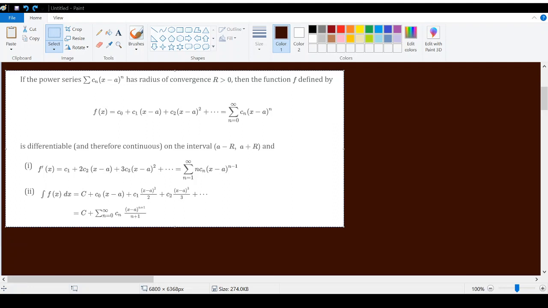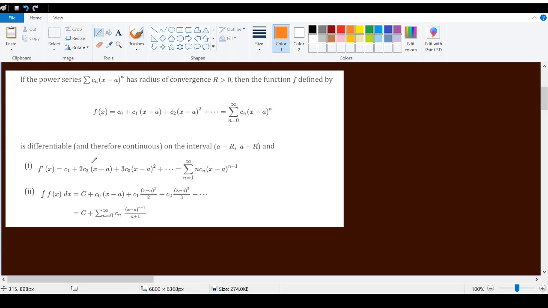Before going into more examples, let's go over this theorem associated with the function representation of a power series. Now we already did that within the radius of convergence, power series can be considered as a function, right?